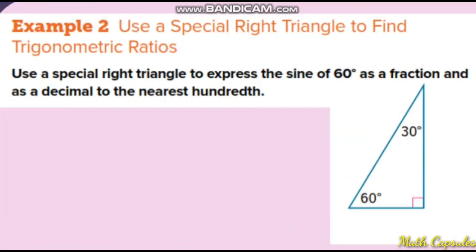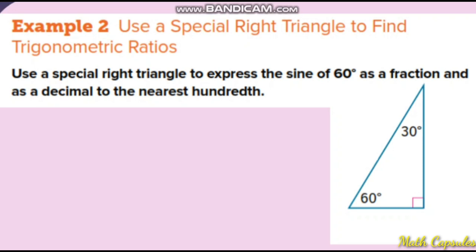Another example. Use a special right triangle to express the sine of 60 degrees as a fraction and as a decimal to the nearest hundredth. To find the sine of 60 degrees, we have to find the opposite and hypotenuse of this triangle. We know from the 30-60 special triangle that the opposite side to 30 degrees is half the hypotenuse.